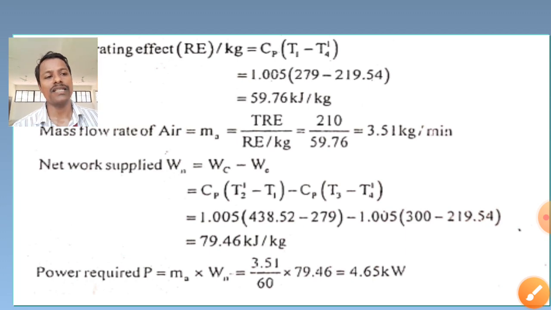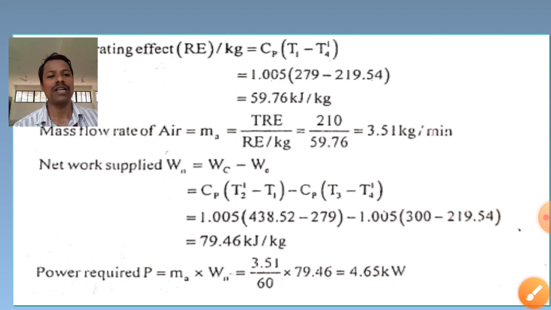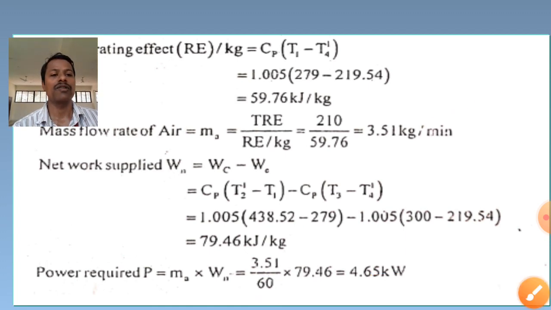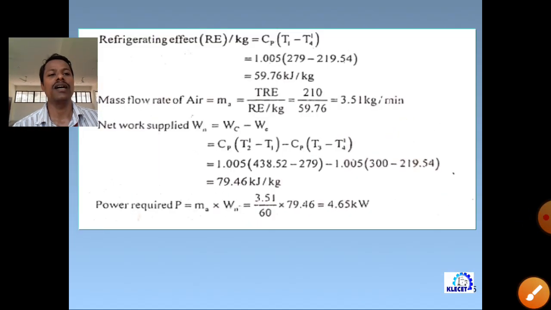Then power required is mass flow rate of air into net work. From the Brayton cycle we know that. So mass flow rate of air is in kg per minute here. So divide it by 60 to convert it into seconds, and net work is 79.46. So finally power required is 4.65 kilowatt. So this is the solution of the problem.